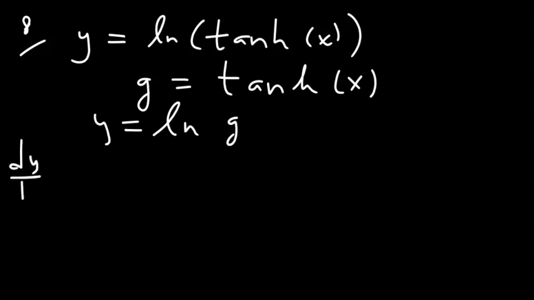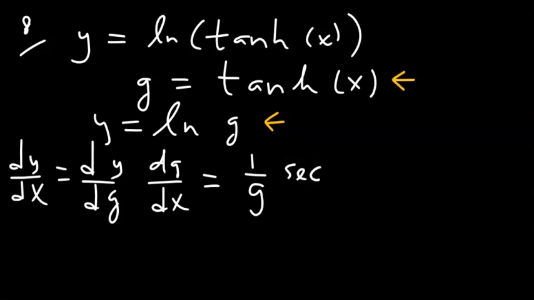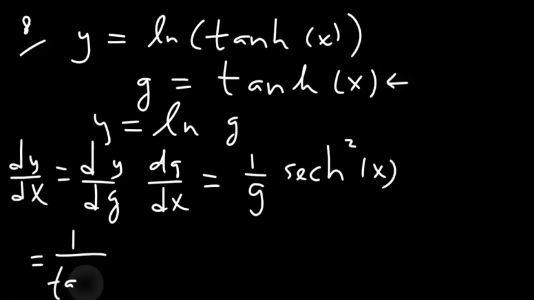So dy/dx is dy/dg times dg/dx. Now dy/dg from here is 1 over g, and dg/dx we have shown earlier to be hyperbolic secant x squared. Putting back the g inside, you get 1 over hyperbolic tangent of x times hyperbolic secant of x squared.